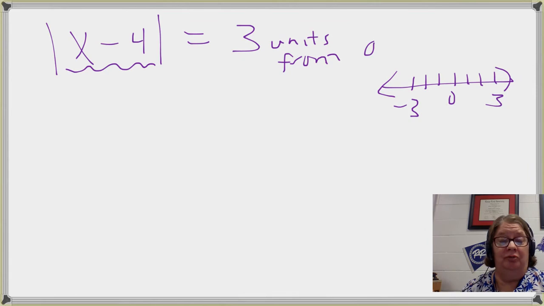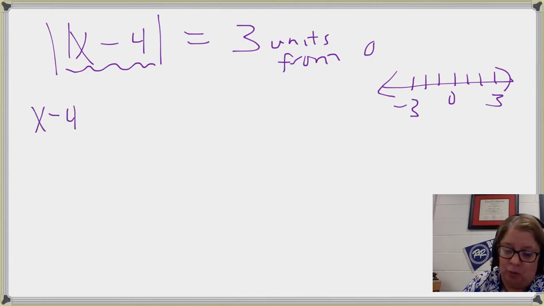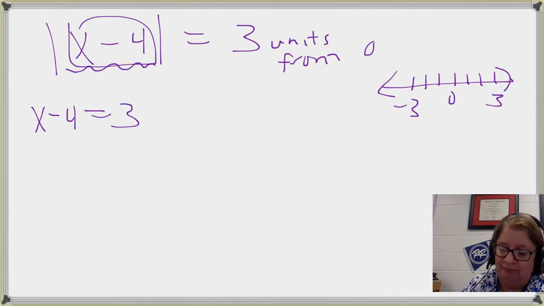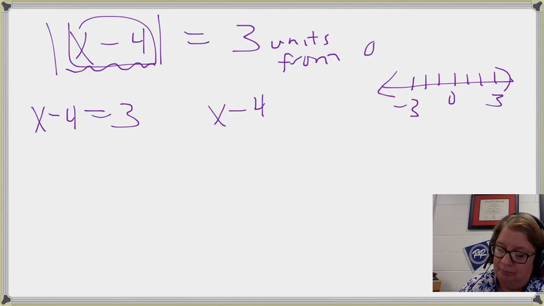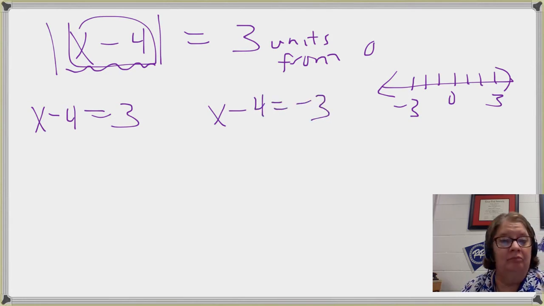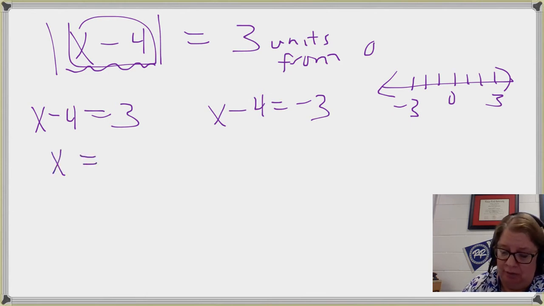Both of those numbers are 3 units from 0. So this x minus 4 might be 3, might be negative 3. To find the possible values for x, I'm going to add the 4 here and add the 4 here.